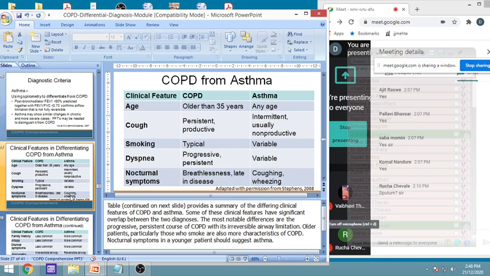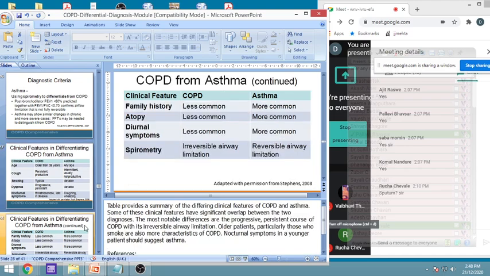Then nocturnal symptoms: breathlessness comes late in the disease in COPD, while in asthma, because of the coughing and wheezing, the person may have nocturnal symptoms. So these are the differential conditions.